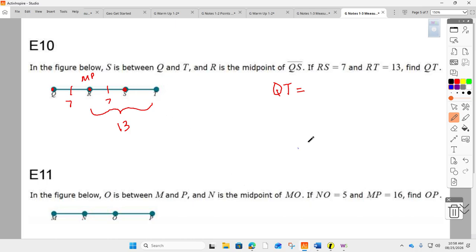Brandon? 5. How'd you get 5? Okay, so Brandon is on the right track. But 7 plus 5 is 12. 7 plus 6 is 13. So Brandon has the concept, right? If we write a second little segment over here, you don't have to write this, just watch.